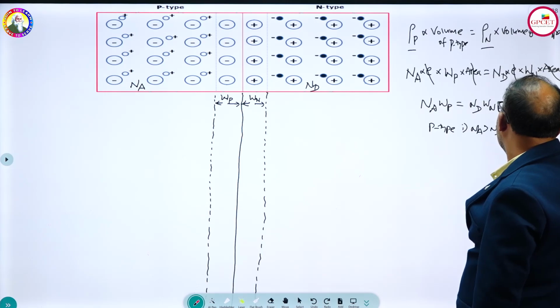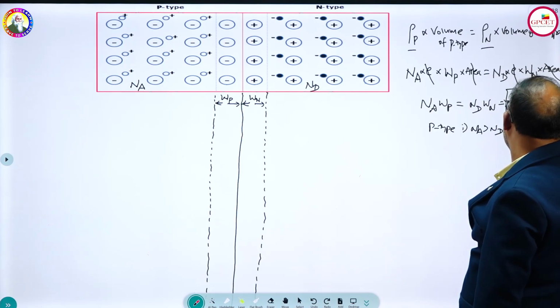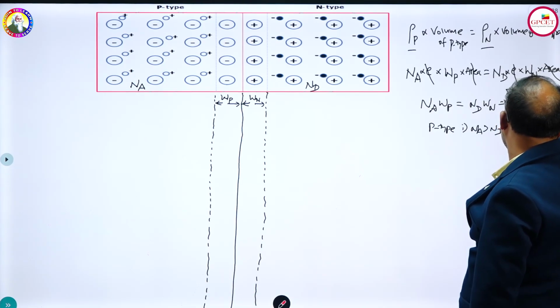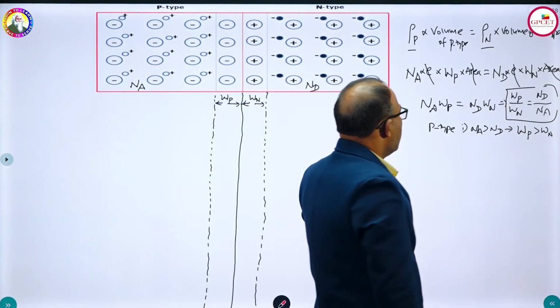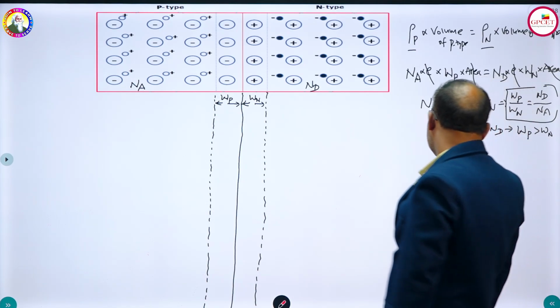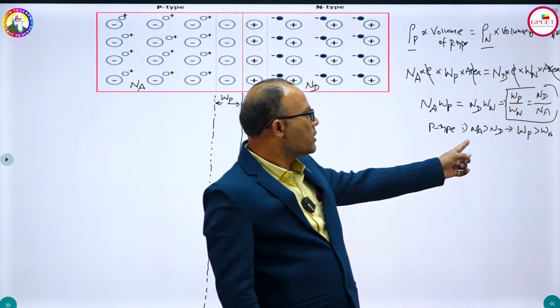So Wp divided by Wn is equal to Nd divided by Na. Therefore, if it is a p-type semiconductor, then Na is much greater than Nd.